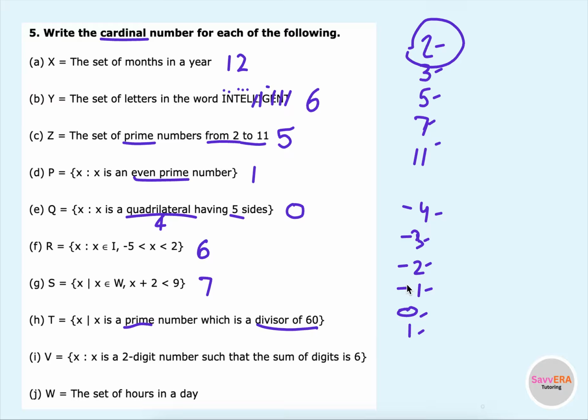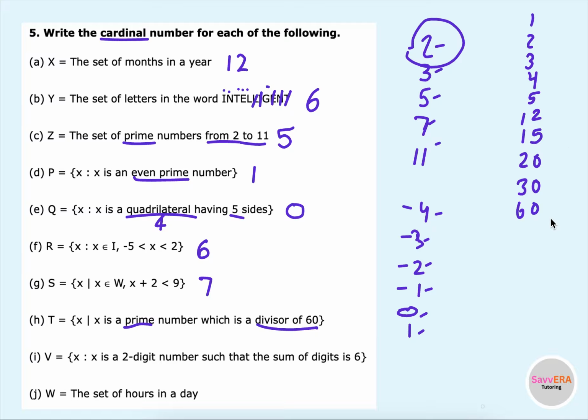Like I had mentioned earlier in the previous videos, when you have divisors, do it this way: 1 times 60, 2 times 30, 3 times 20, 4 times 15, 5 times 12.